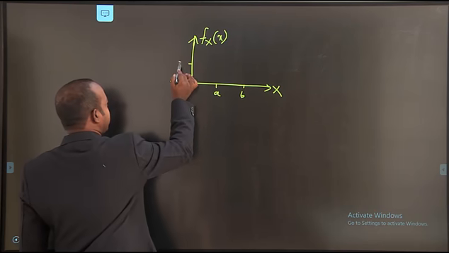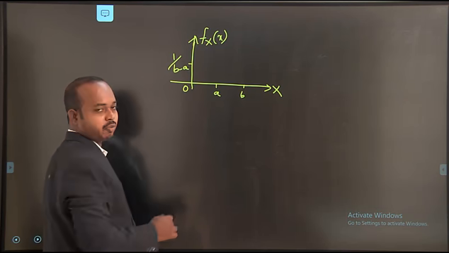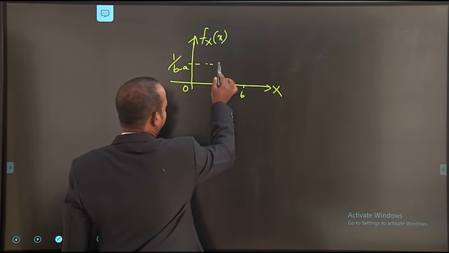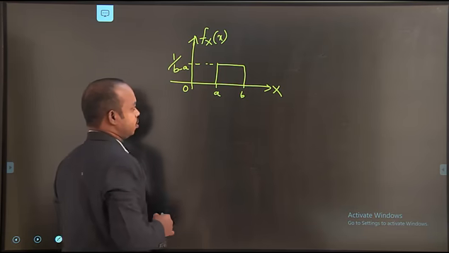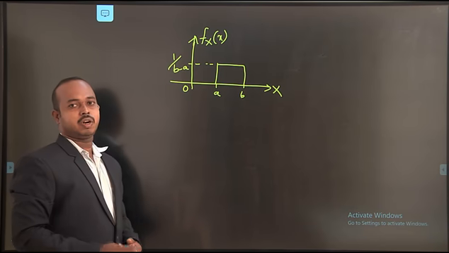Its magnitude is 1 divided by b minus a between these real constants. This is the graphical representation for the uniform density function.